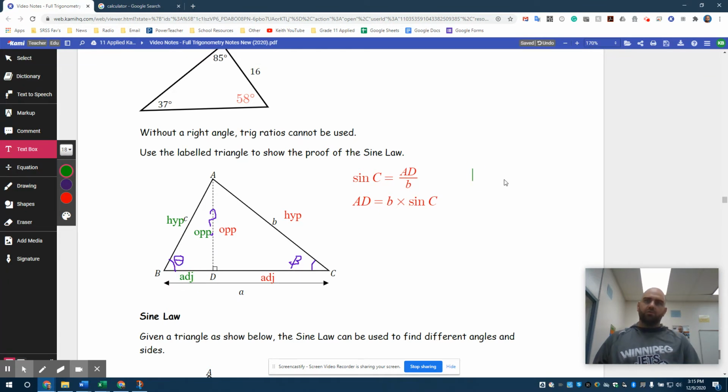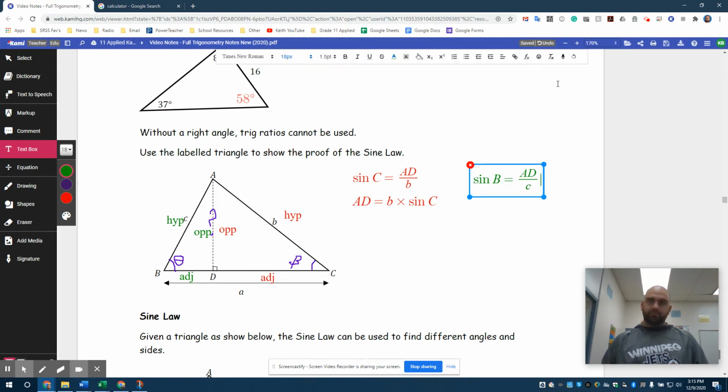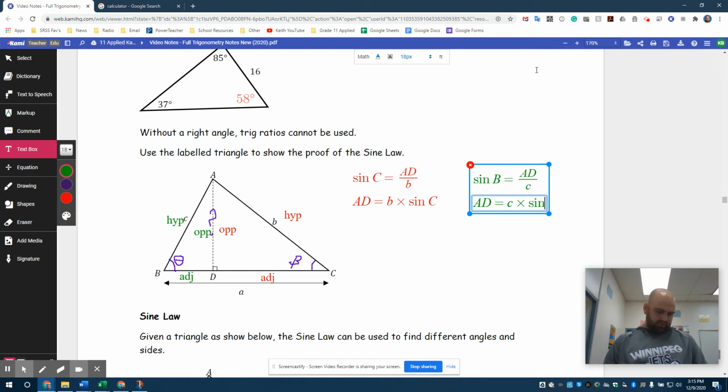So I'm going to again use sine. So sine of B is equal to the opposite, which I said again was AB, over little c. And to solve for AD, again, I'm going to multiply by c to both sides, and sine of b.